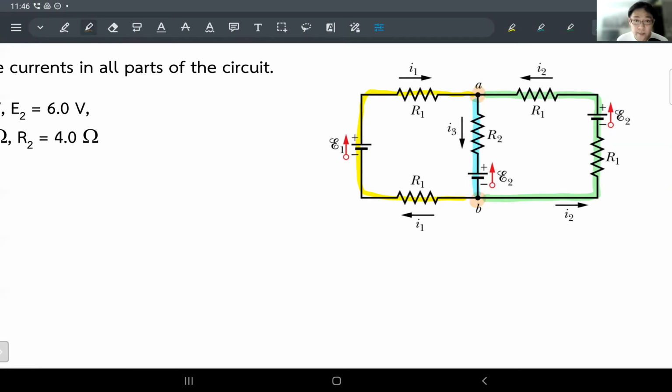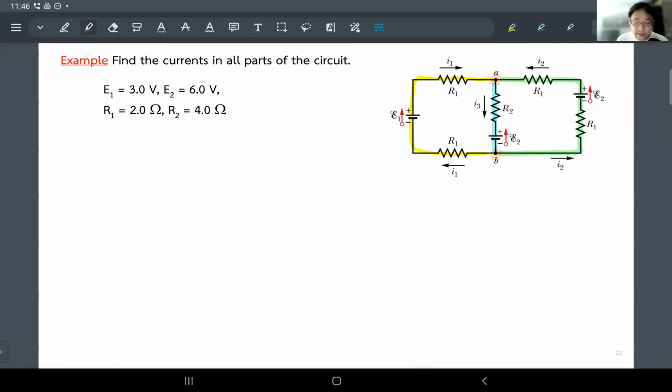Cool? Okay, so what I'm going to do next is, you probably don't know which direction the current should flow. So don't worry, just crazily assume your current directions. For example, if I follow the figure over here, I assume that the current is flowing upward on the yellow wire, and the current is flowing upward as well on the green wire, and the current flows downward in the blue wire, I3.